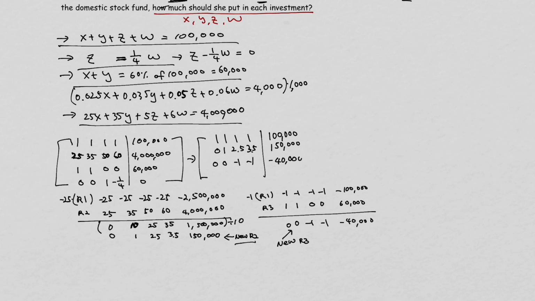Right? Or if you multiply everything by negative 1 in that new row 3, let's do that, right? You wanted to multiply this by negative 1, so this becomes positive. So positive 1, and positive 40.